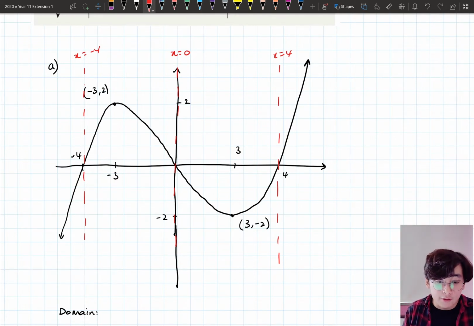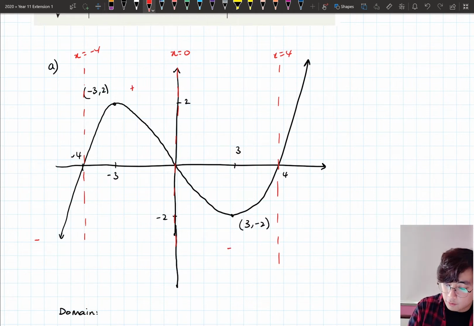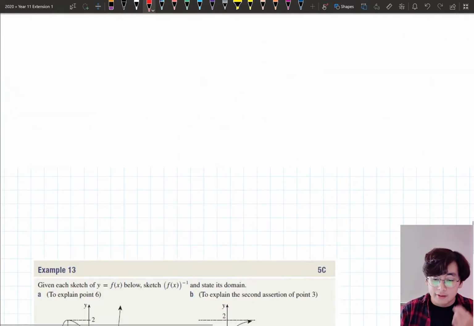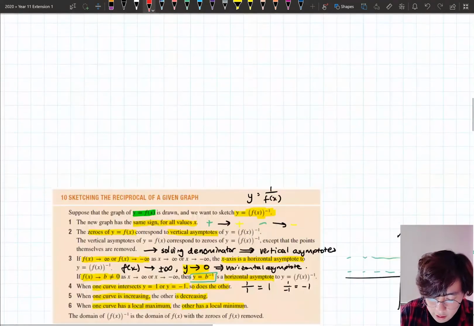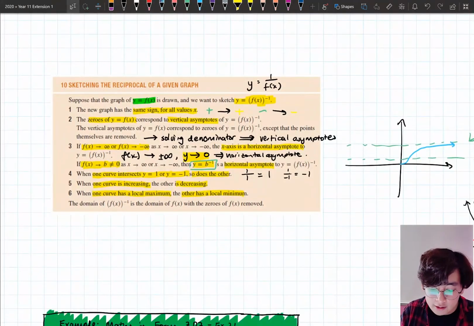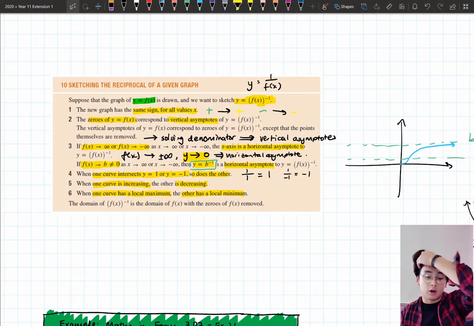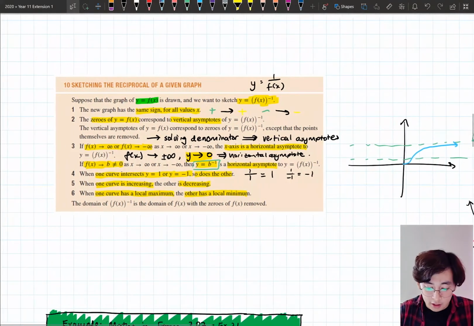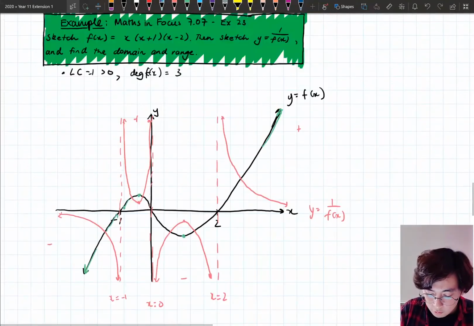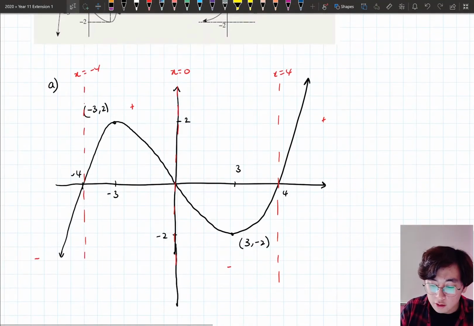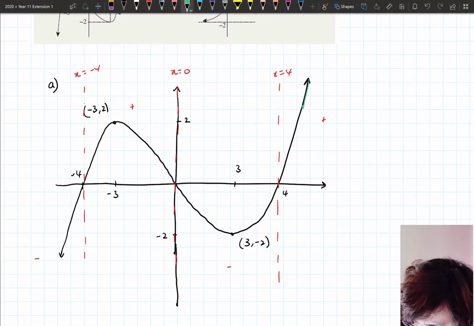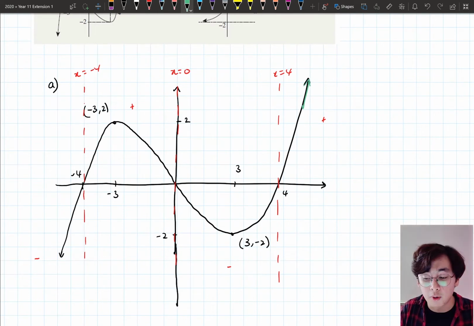We can look at the signs on either side. So here we've got a negative, we've got positive, we've got negative, we've got positive. So our reciprocals are going to have the same sign. That's our next part. Then we're going to check what happens when x goes to -infinity or positive infinity. So here, if you have a look at the original graph, over this side, f of x goes towards positive infinity.